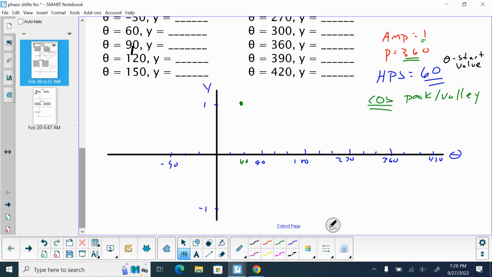So if I go along my theta axis, I have a horizontal phase shift of 60 degrees, and that's going to be my theta start value. With my cosine curve, I have to start at a peak, so at 60 degrees I'm going to go up to 1, my amplitude.